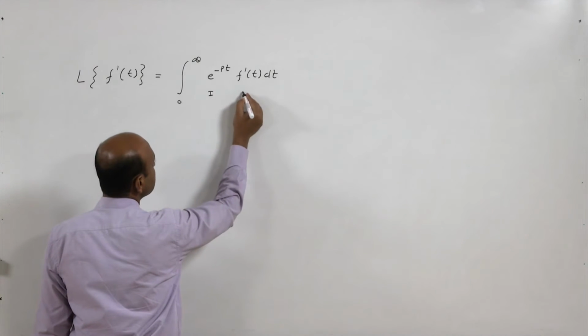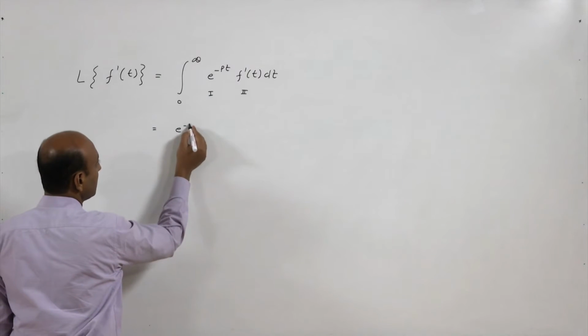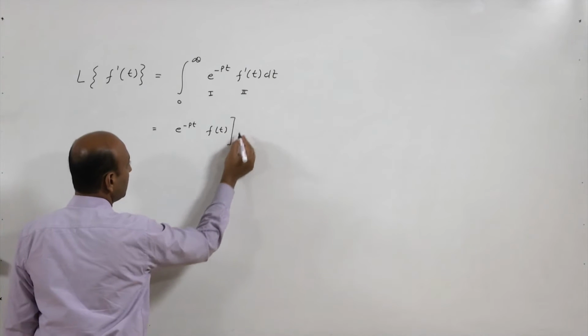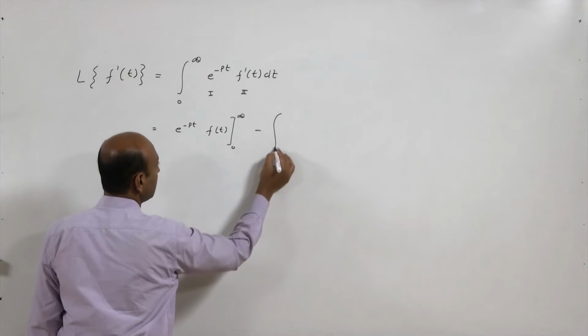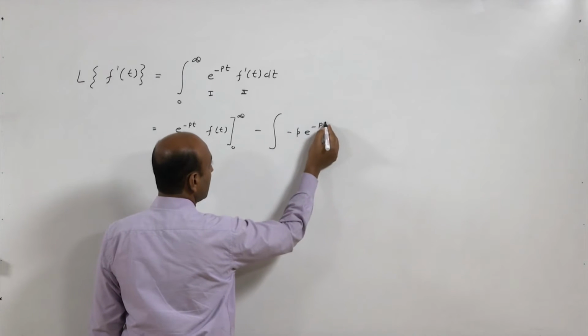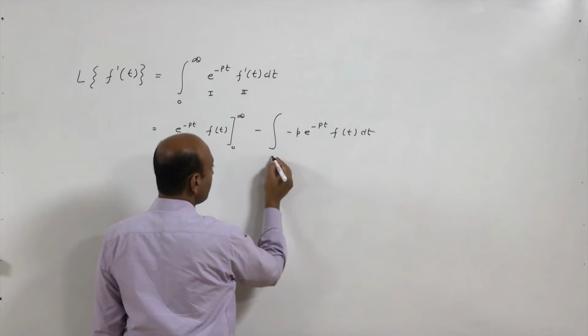First this, second this, let us suppose. So, first as it is, times the integral of second, which is f(t), from 0 to infinity, minus the integral of the derivative of first times the integral of second dt, from 0 to infinity.